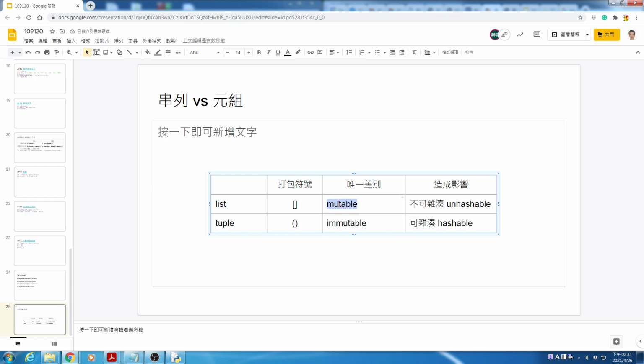What does it mean to be mutable? Do you know what it means to mute something? Have you ever heard of the TV cartoon series Teenage Mutant Ninja Turtles?